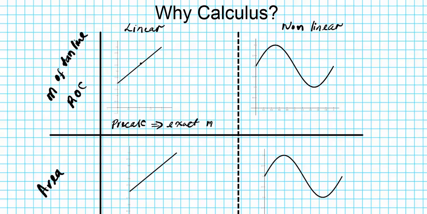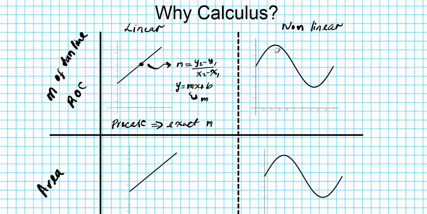So let's say I pick this point right here. Since this is a linear function, if I have any 2 points on this line, I can use m equals y2 minus y1 over x2 minus x1, and that will give me the exact slope. Or if I have y equals mx plus b, the equation of the line, m is basically the slope of any point on this line.